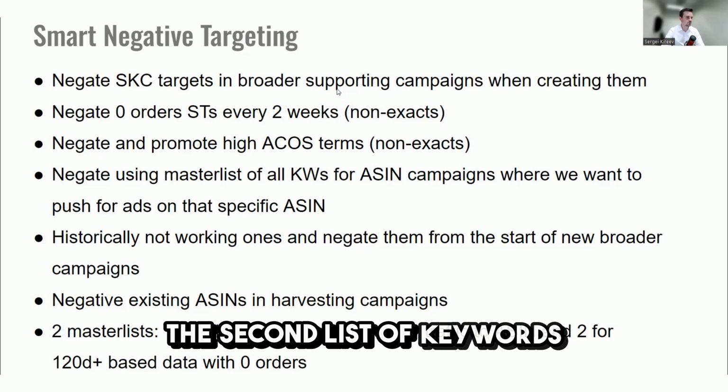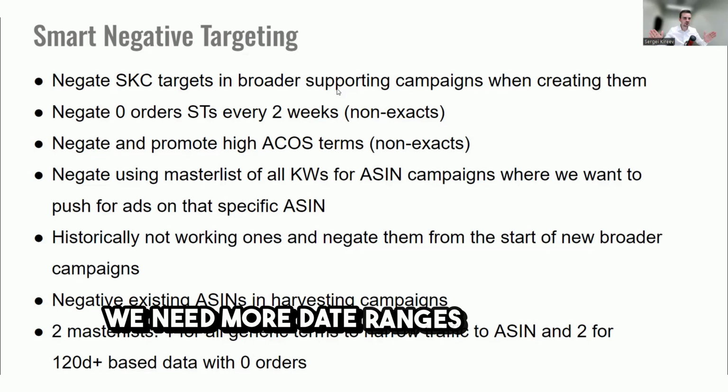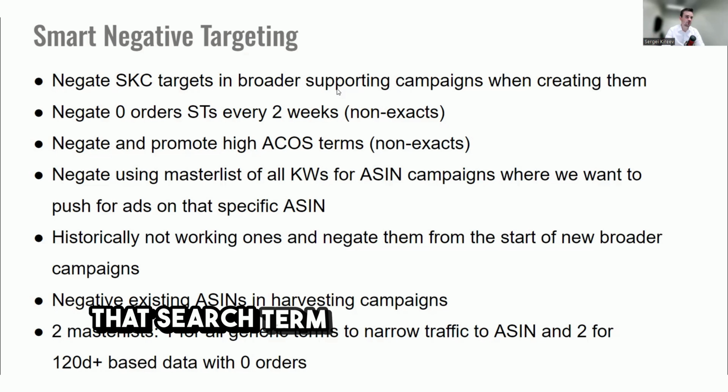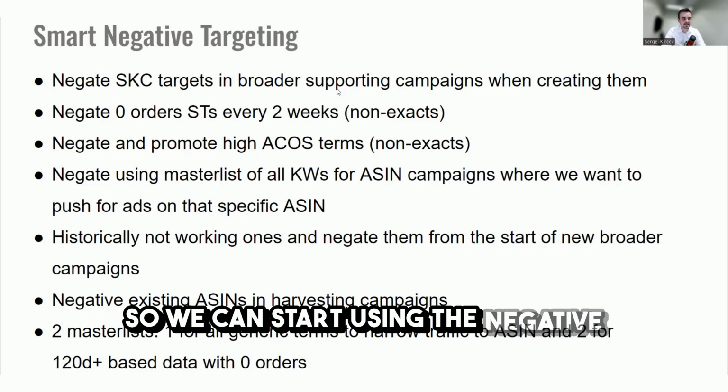The second list of keywords is historically not working. This is a little bit of a tricky one. We need more date ranges in order to understand that a search term is not working for us historically, so we can start using the negative campaigns.